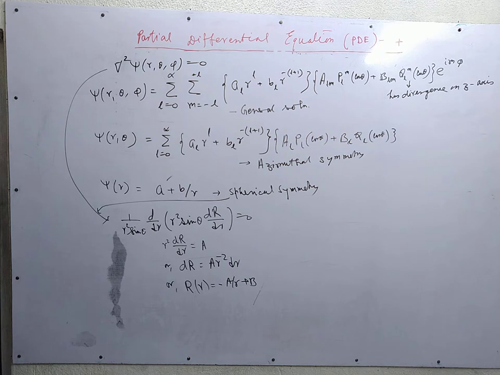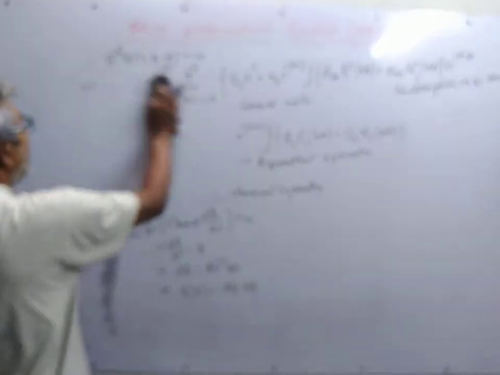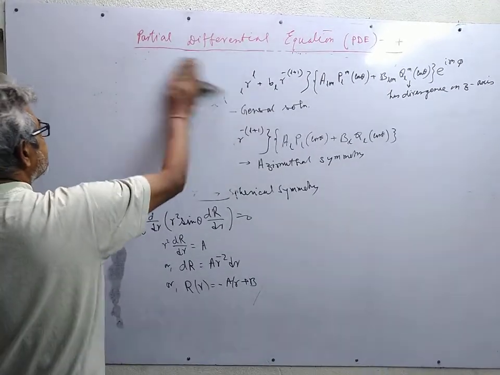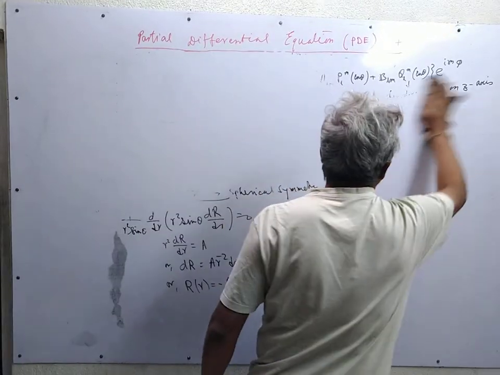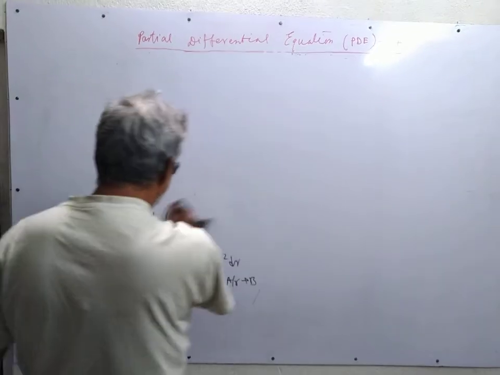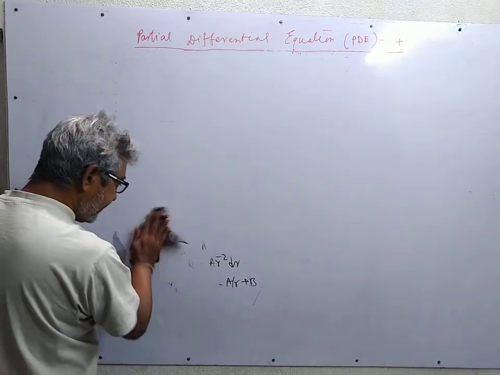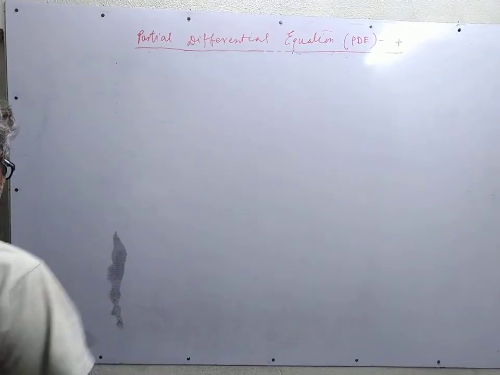So now we apply Laplace's equation for spherically symmetric cases in two different examples. Firstly, we consider a spherical capacitor. A spherical capacitor comprises two concentric conducting spheres, and each one is maintained at a constant potential.